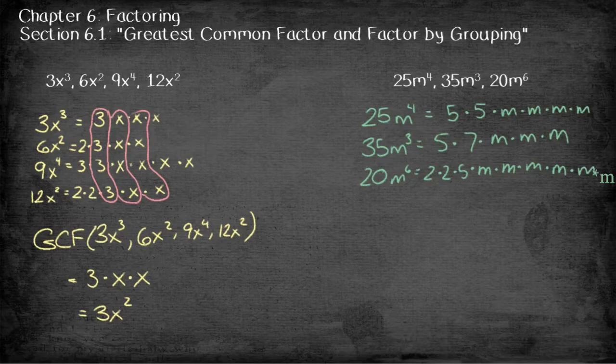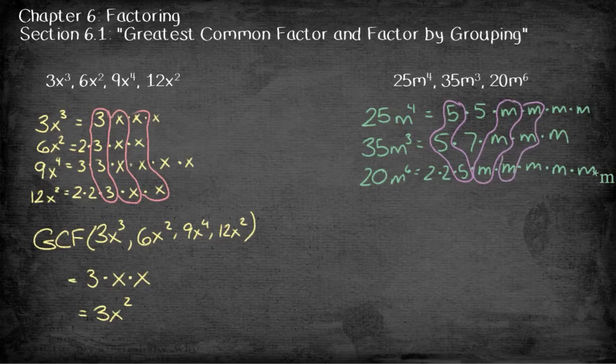Now let's look at what they've got in common. So between all 3, I have one factor of 5 that's common. I have m in common. I can get another m in common.